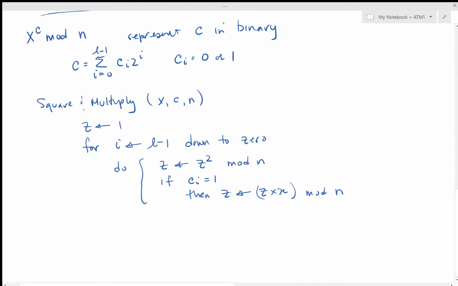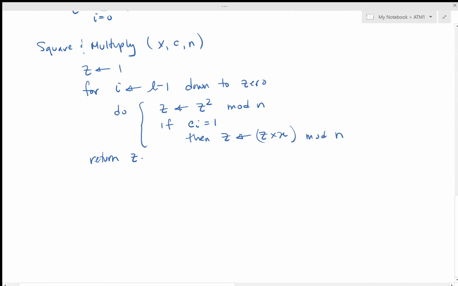That is the algorithm. Return z. That is the square and multiply algorithm. I will almost undoubtedly ask you to operate this algorithm on the final exam to do a modular exponentiation.